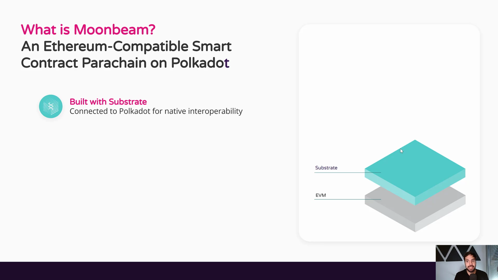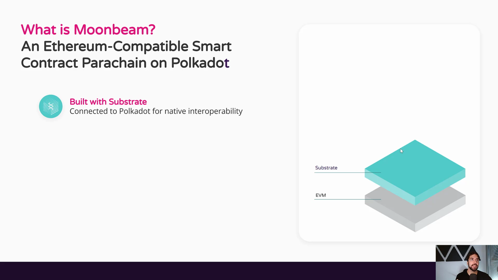I mean, a baseline EVM layer for EVM execution, but we also have added benefits on top of the baseline EVM layer, right? The main benefit is that we build with Substrate, and Substrate is an SDK to build blockchains.